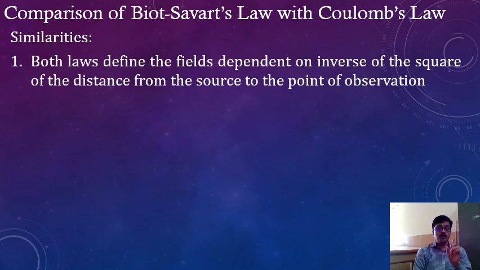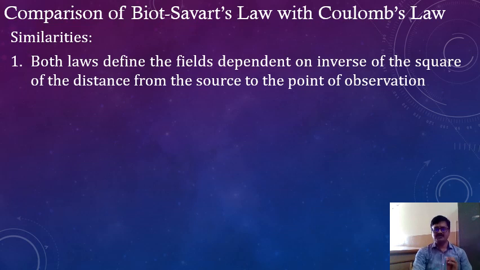Now, both are separated by distance r from that source point. So accordingly, we can very easily say that both of them obey the inverse of the square of the distance from the source to the point of observation. I hope I am making it very clear. So in a very simple way, I can say that both these laws are inverse square laws.